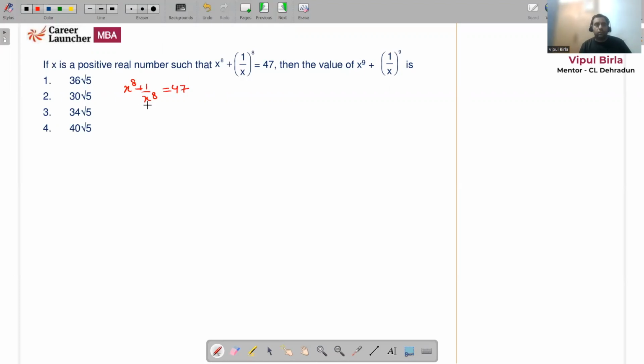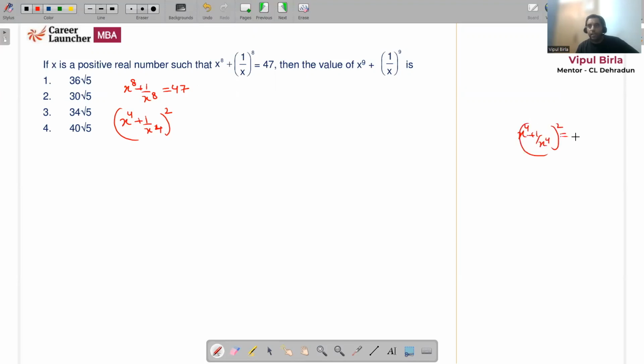It can also be rewritten as x to the power 4 plus 1 upon x to the power 4, whole square. If you do the square of that, a square plus b square plus 2ab will come out as nothing but x to the power 8 plus 1 by x power 8 plus 2 into x power 4 into 1 upon x power 4. Let me write it here for better clarity.